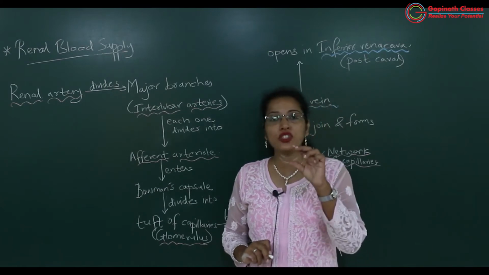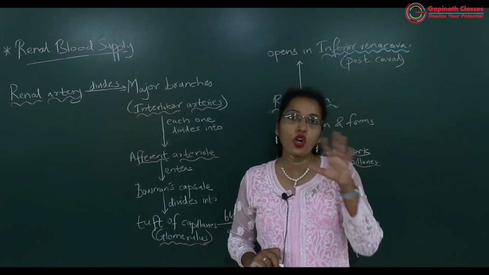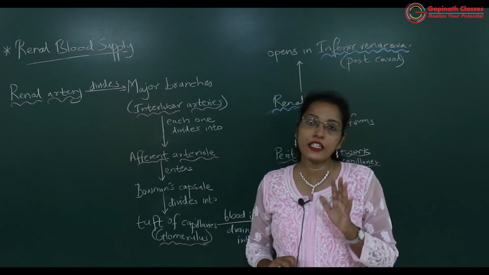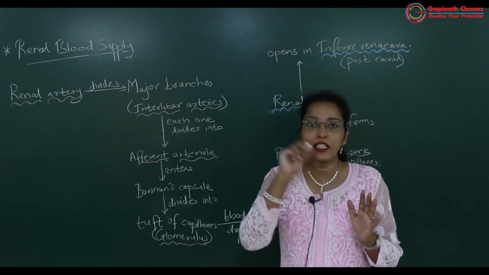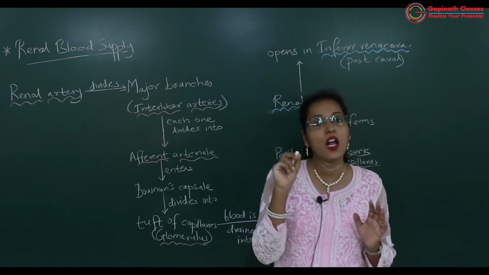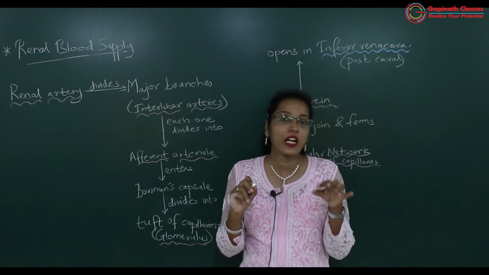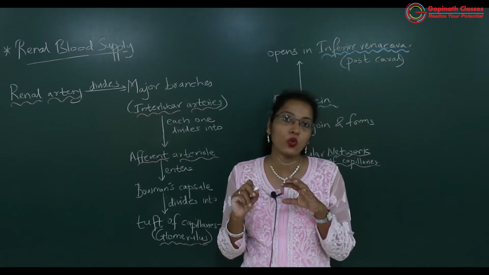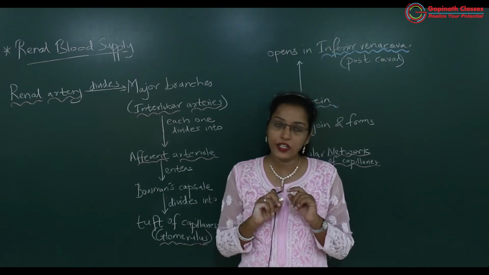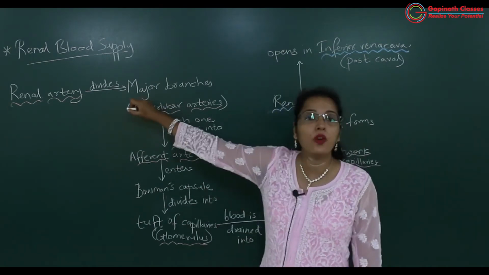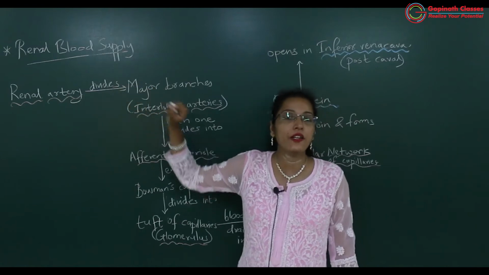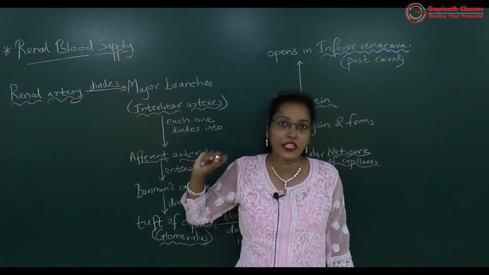Hilum is a depression we have studied in the structure of the kidney, the LS of kidney. What is hilus? Hilus is a depression through which the renal artery enters, the renal vein comes out and the ureter comes out. Got it?